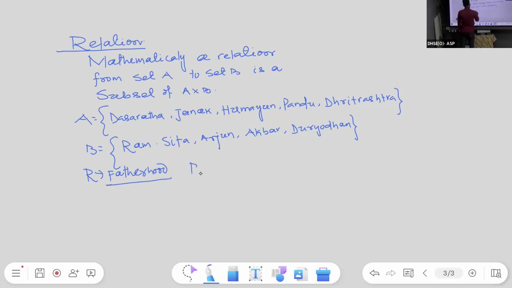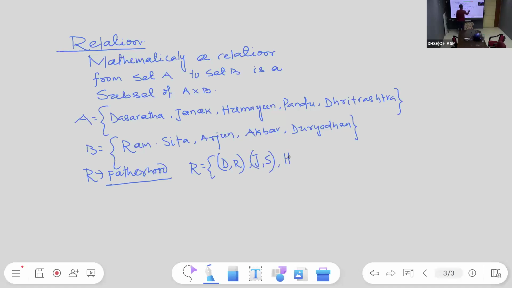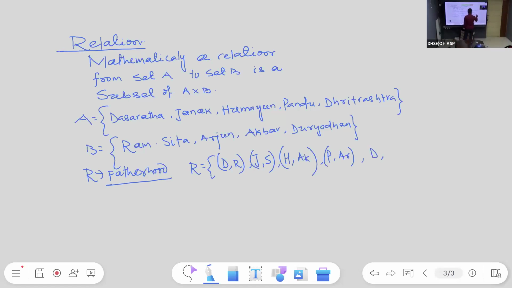So the relation set R contains (Dasarath, Ram), (Janak, Sita), (Humayun, Akbar), (Pandu, Arjun), and (Dhritarashtra, Duryodhan). Okay.